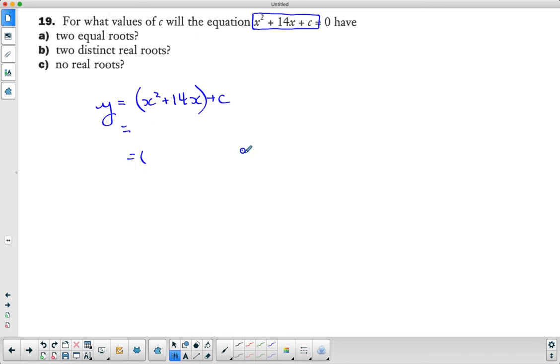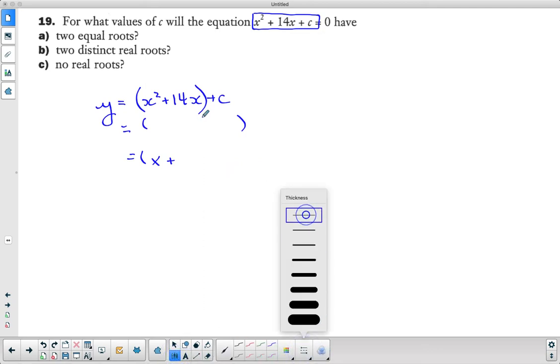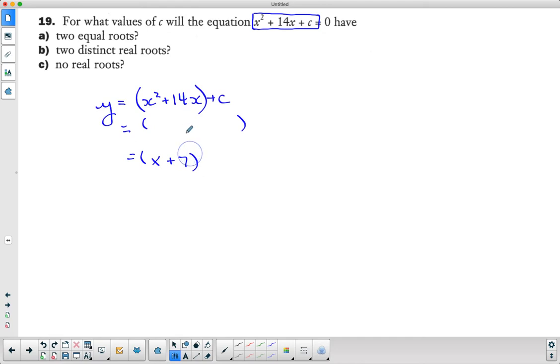So I'm just going to jump down a couple of lines, and I know that this has to be x plus 7 in the brackets because I divide by 2. And now I have to square it to get what goes back up here. So x squared plus 14x plus 49. And then there's a minus 49 in there. And then there's this plus c on the end.